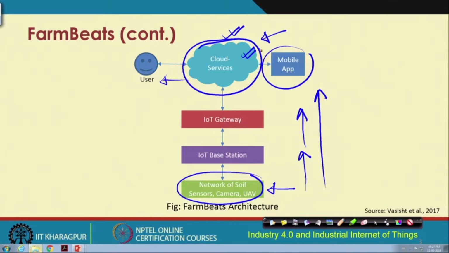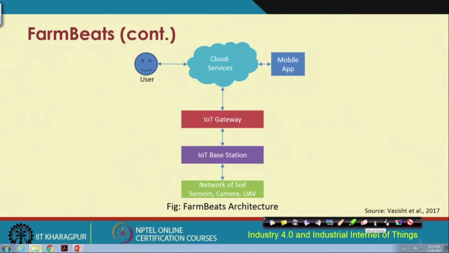Use of cloud based architecture for a prompt, efficient, effective mechanism for decision making is what precision agriculture basically talks about, and this is implemented in this particular work. The processing part and the analytics part is implemented using these cloud based services. So, this analytics is performed in this particular component of their architecture.